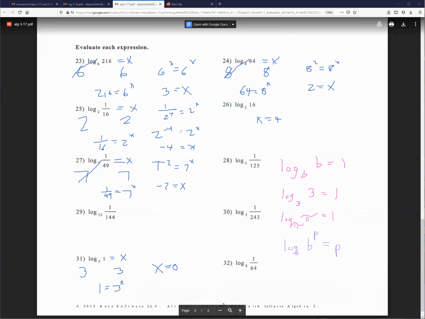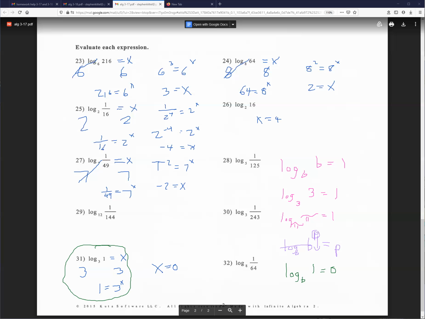There are a variety of reasons why we can argue that, but the easiest is just that these cancel and bring the power down. And finally, log base b of 1 will always be equal to 0 for the very reason that we described over here, that you're basically saying b to the what power is equal to 1, and therefore you will always get an answer of 0.